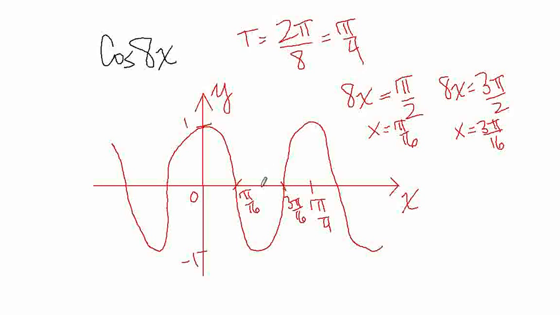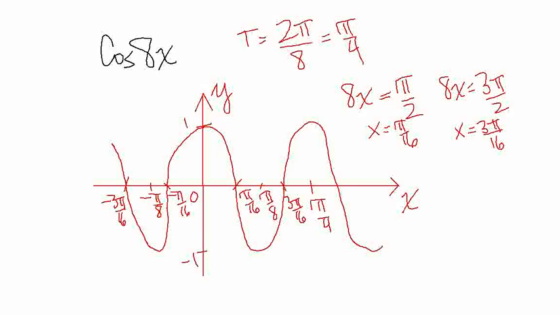And then, of course, here you would have pi over 8 for the minimum. All right, and then on the other side, minus pi over 16. And then the valley, or the minimum, occurs at minus pi over 8. And then that x-intercept is at minus 3 pi over 16.